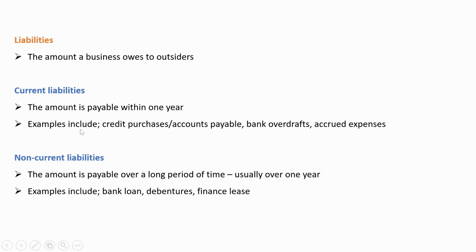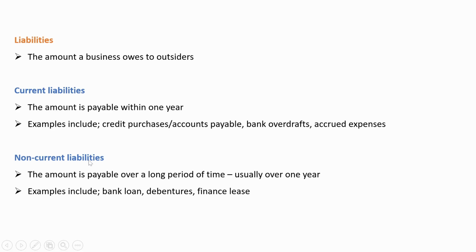Examples of current liabilities include credit purchases, or you can just call it accounts payable. When you buy goods from a supplier and you don't pay, they become creditors or accounts payable. We also have bank overdrafts and accrued expenses. We are going to talk more about accrued expenses and accounts payable later.